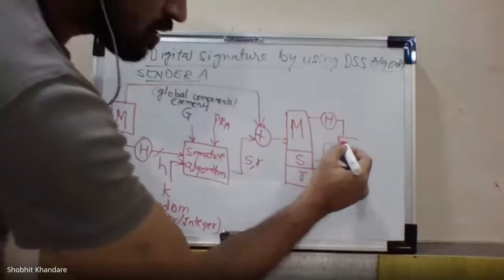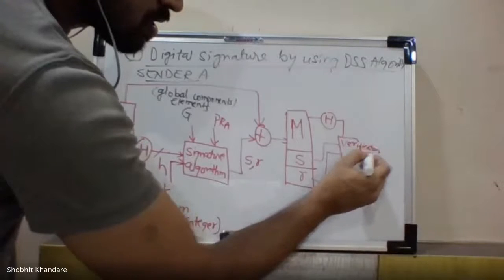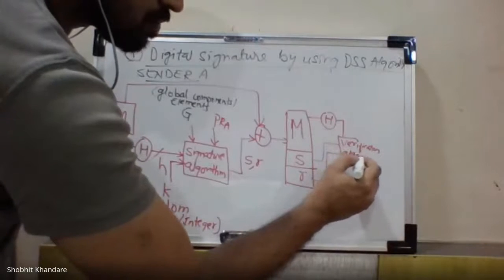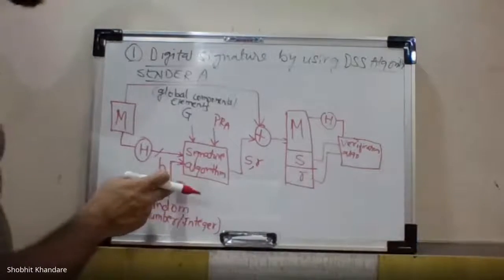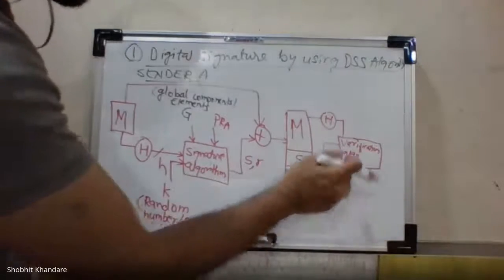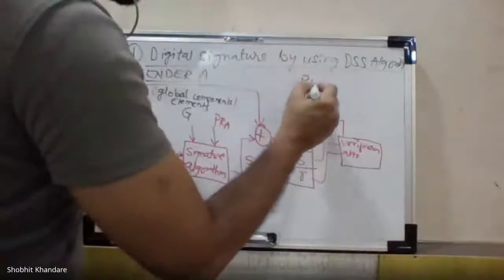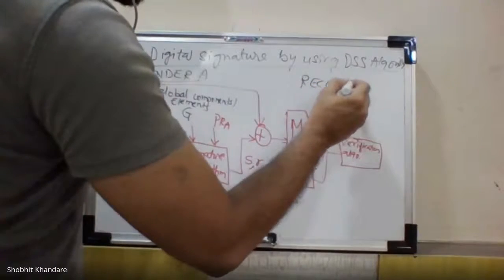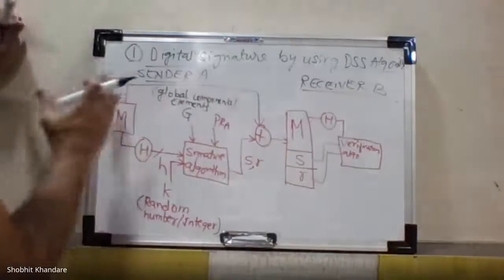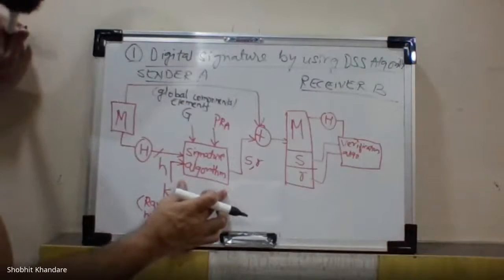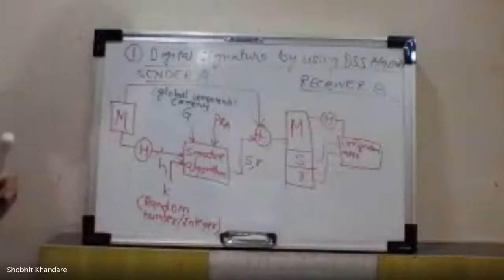I am writing down here verification algorithm. Just as here we have the signature algorithm on the sender side, I write here sender A, and here is receiver B. So you will be able to understand what is happening: in the sender we have the signature algorithm, in the receiver we have the verification algorithm.